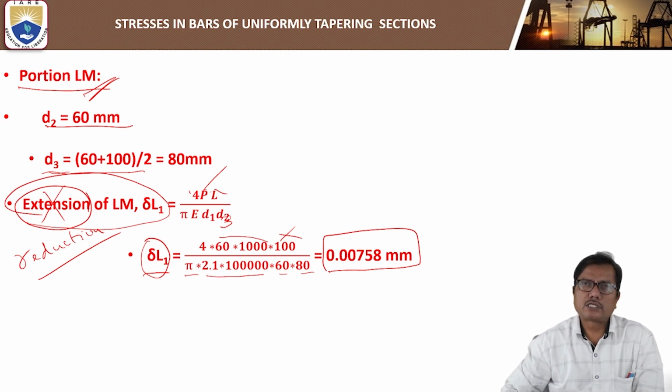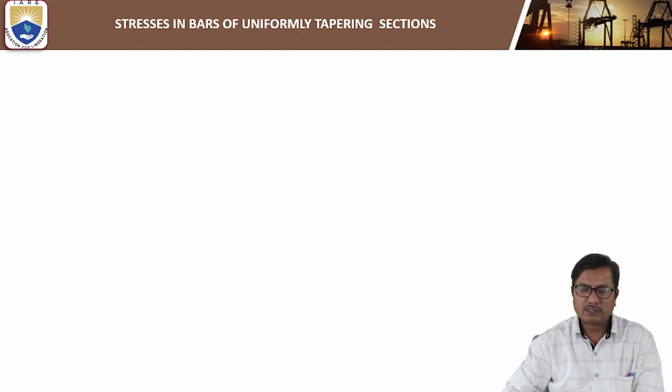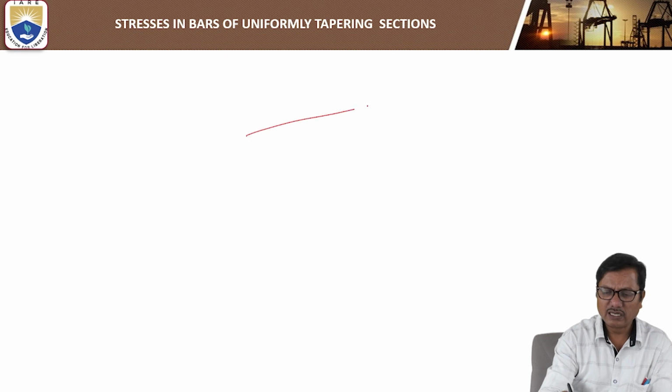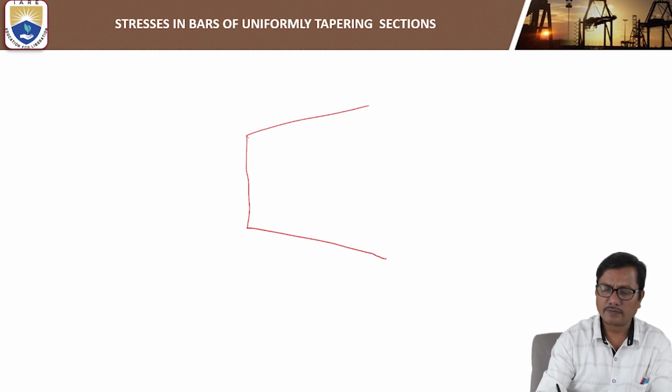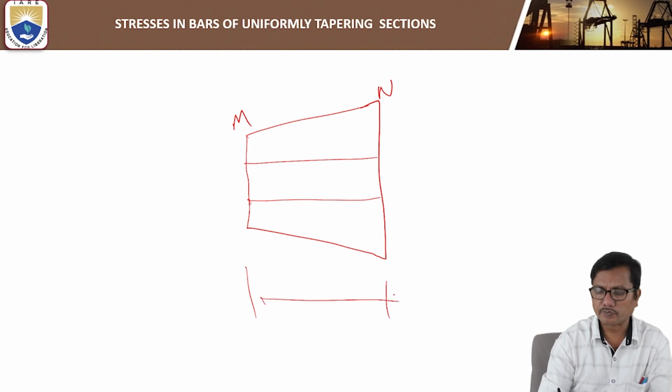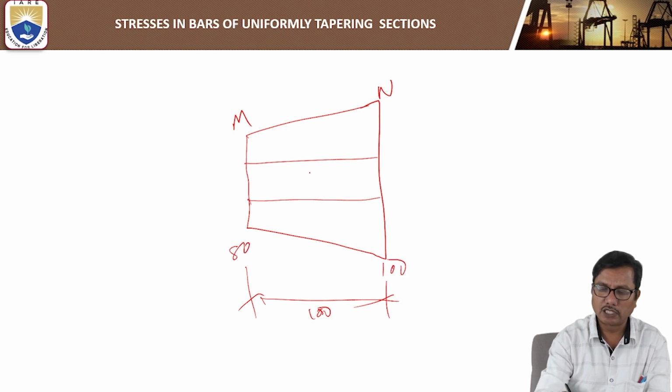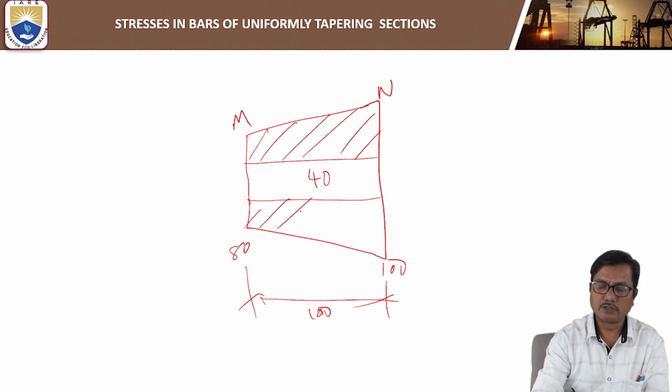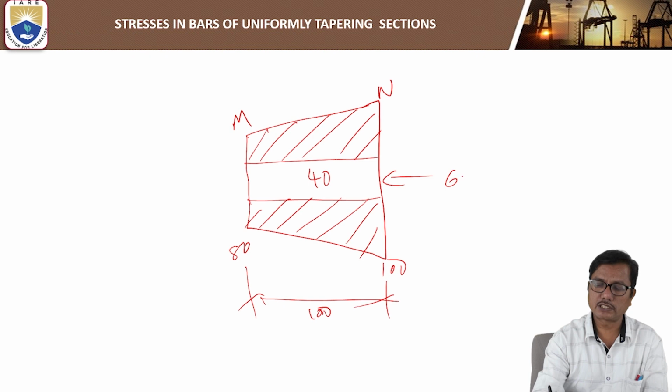Okay, so now the reduction, change in length, say general word, change in length for portion MN, which is also of length 100 and diameters are 80 and 100, diameter of hole is 40, and subjected to the same 60 kilonewtons load.